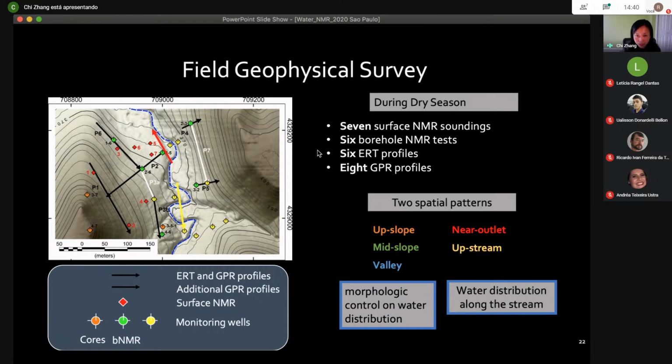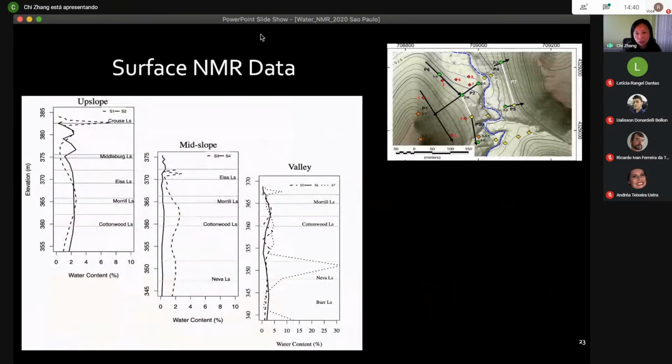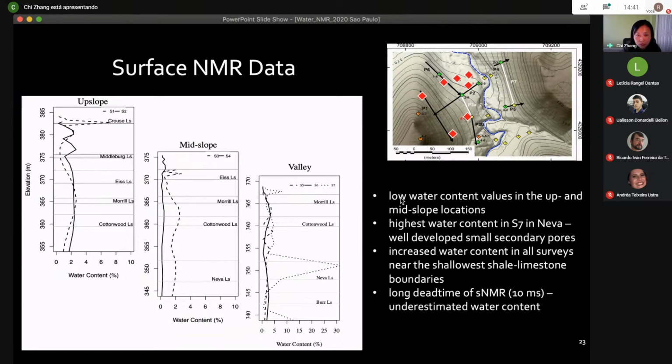I'm not going into the detail of all the data we collected from this site. I only want to showcase the surface NMR data here. The surface NMR locations are indicated by these red diamonds, and we collected at 7 different locations, which cover the upslope, mid-slope, as well as the valley. From the surface NMR data, we can have a good understanding of the water content at different locations.